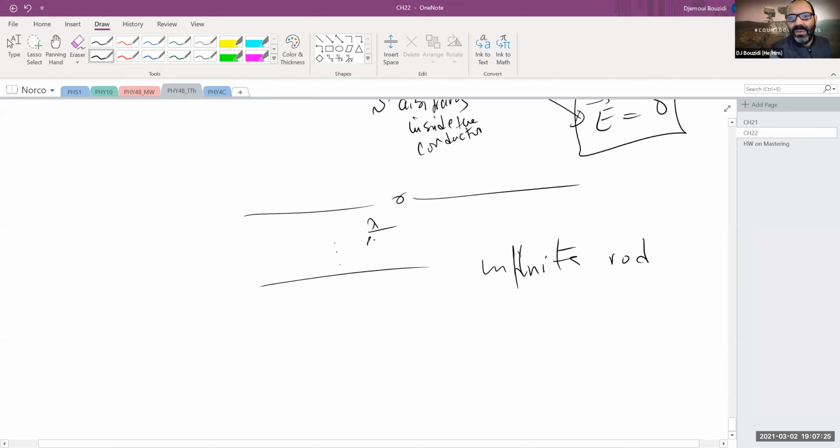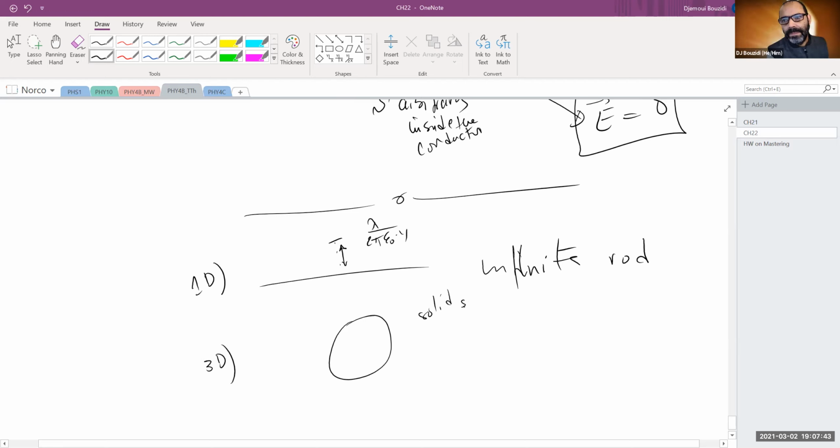So if you're curious, it's lambda over 2 pi epsilon naught times the distance y from it, okay? So this is a one-dimensional object. We took a 3D object, which is a solid sphere, and make sure that's an insulating sphere.